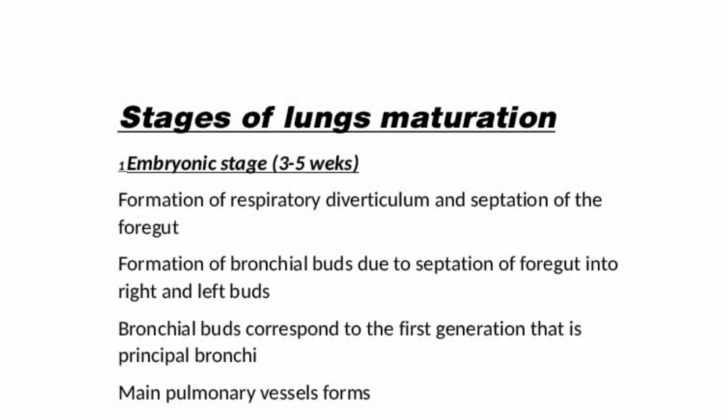The second one is the formation of the bronchial buds due to septation of the foregut into the right and the left buds. These bronchial buds correspond to the first generation of airway division, that is the main bronchi or the principal bronchi. Also, there is a formation of the main pulmonary vessels, which will drain the lungs.